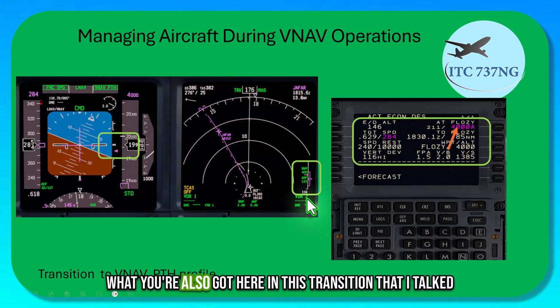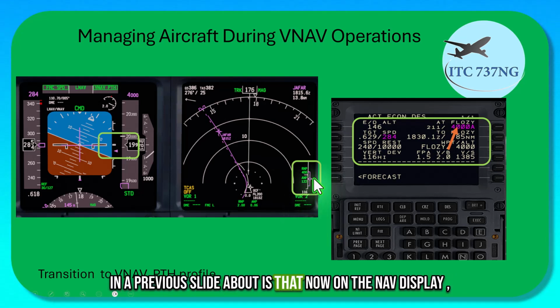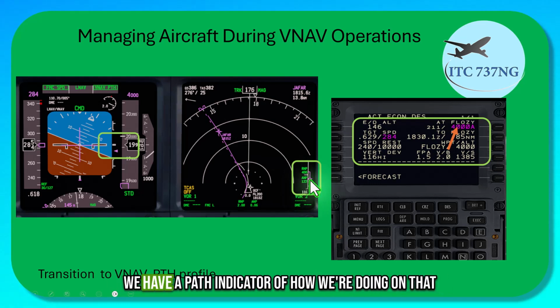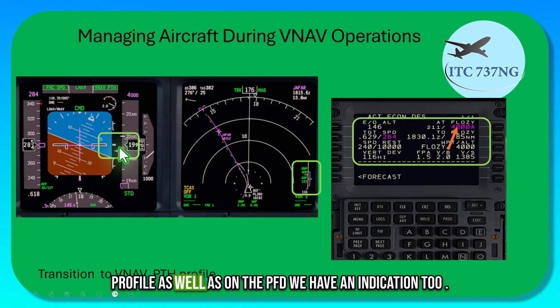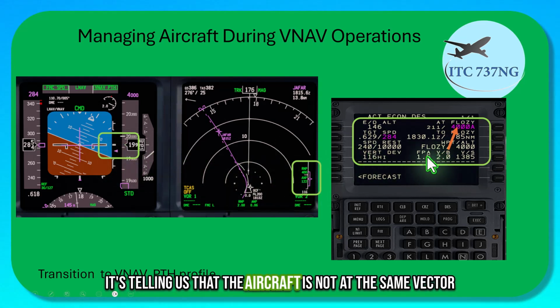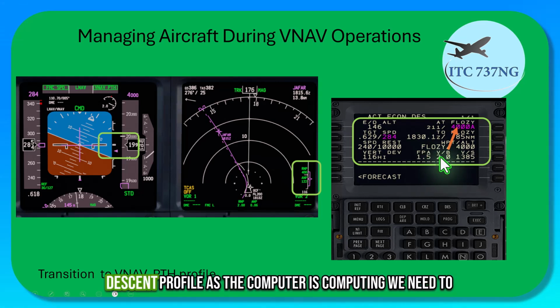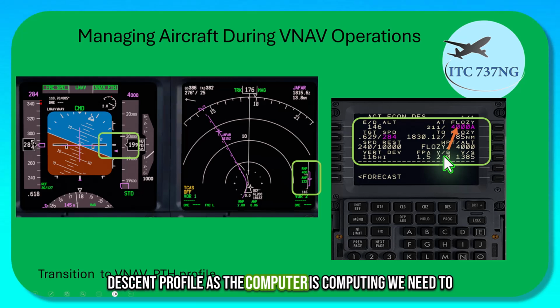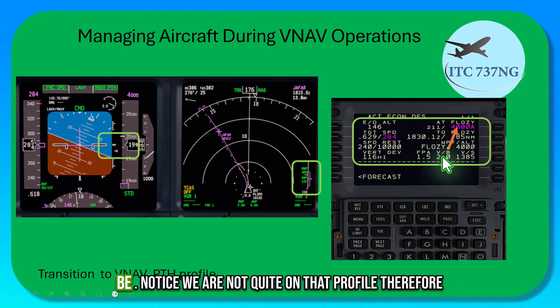Now, what you've also got in this transition that I talked about in a previous slide is that on the nav display, we have a path indicator of how we're doing on that profile, as well as an indication on the PFD. Both of these are the same. And at the present time, it's telling us that the aircraft is not at the same vector descent profile as the computer is computing we need to be.